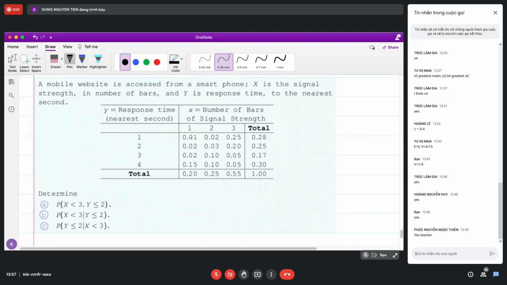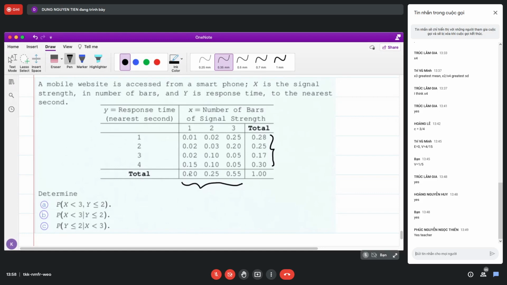Okay, now you find the sum of all the numbers along each row to get 0.25, 0.28, 0.25, 0.08, 0.17, and 0.30. All the numbers here will give you the so-called marginal distribution of y. And all these numbers here, you can get them by adding all the numbers down each column.